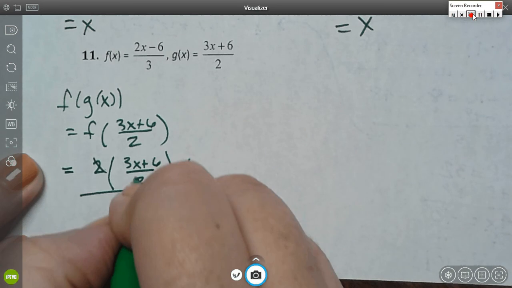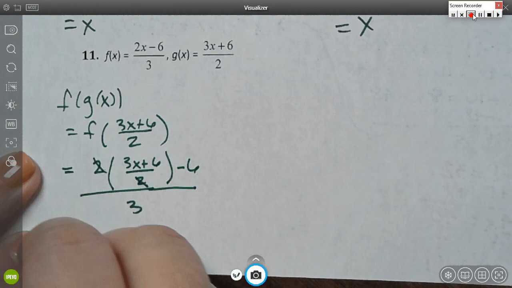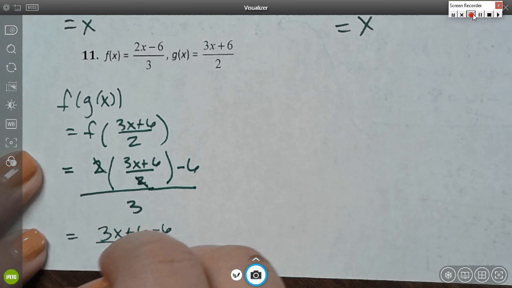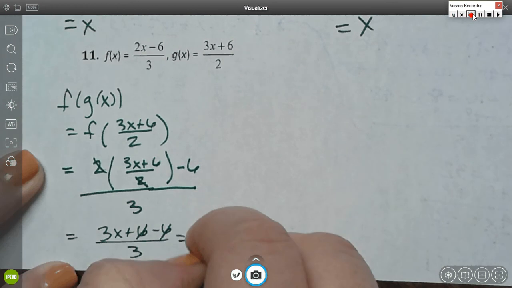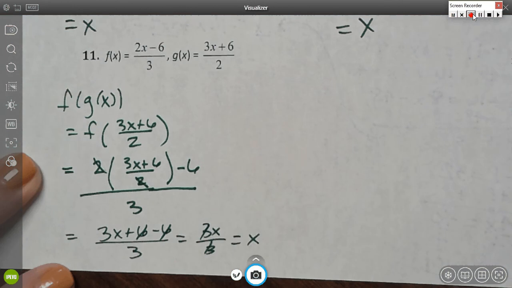The 2's, in fact, cancel first. I need to do whatever I can in the top of the fraction and then the bottom of the fraction, because that kind of groups things together. Leaves me with 3x plus 6 minus 6 over 3. The 6's are next, and I'm left with 3x over 3, and of course the 3's at that point cancel and leave me with the x.